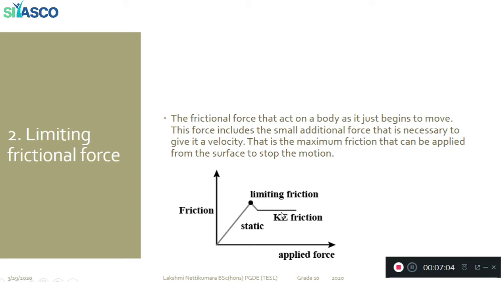That is called kinetic friction, and it is a constant thing. Up to this limit, the object is static and does not move. So the frictional force that acts on a body as it just begins to move is the limiting frictional force. Remember that kinetic friction is less than the limiting frictional force.